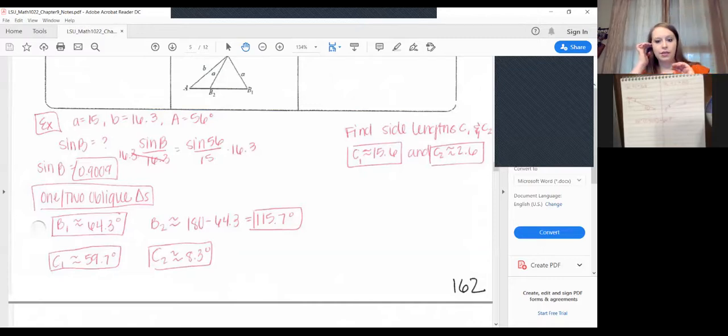So what you have to do to figure out if B2 works is you have to see if you can take B2 plus A. And if it's less than 180, then it works. If it's bigger than 180, then it doesn't work and you just have one triangle. I hope this makes sense. It's hard because I can't have any feedback.